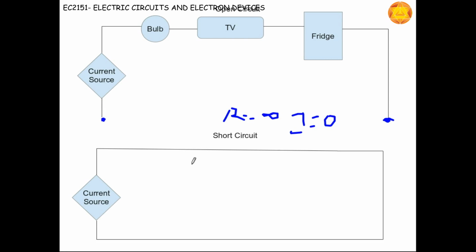This is an example of a short circuit, where the current starts from this point and ends at this point, and there is no resistance available throughout this circuit. So the resistance is almost equal to 0 and the current is maximum.